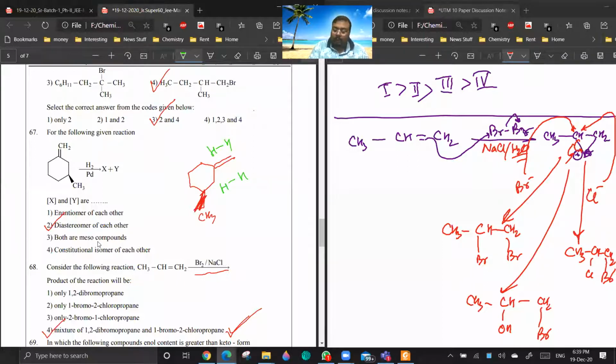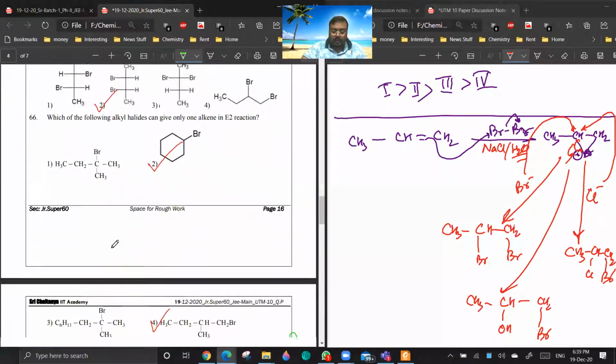If it attacks from down, then this CH3 will be up, and you will get the up product. If it attacks from up, then this CH3 will go down, so you will get the down product. So these two are what? Diastereomers. Getting a point?